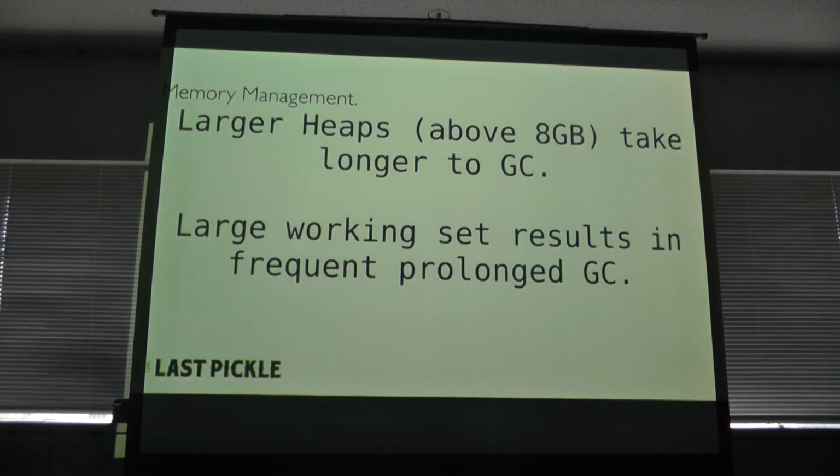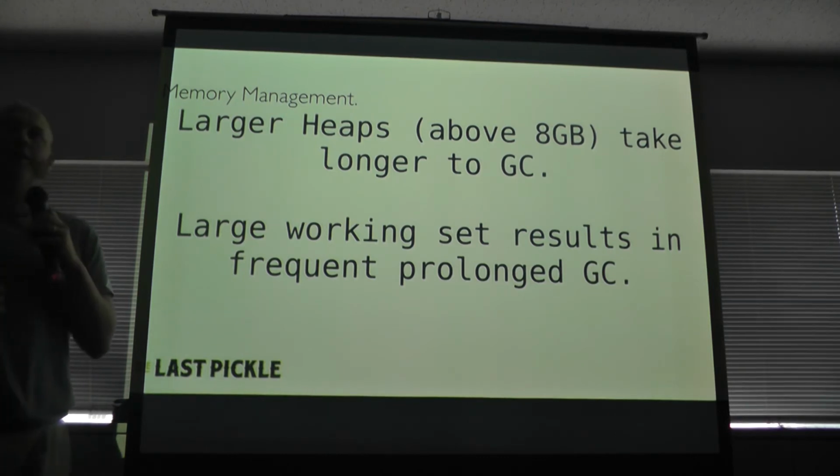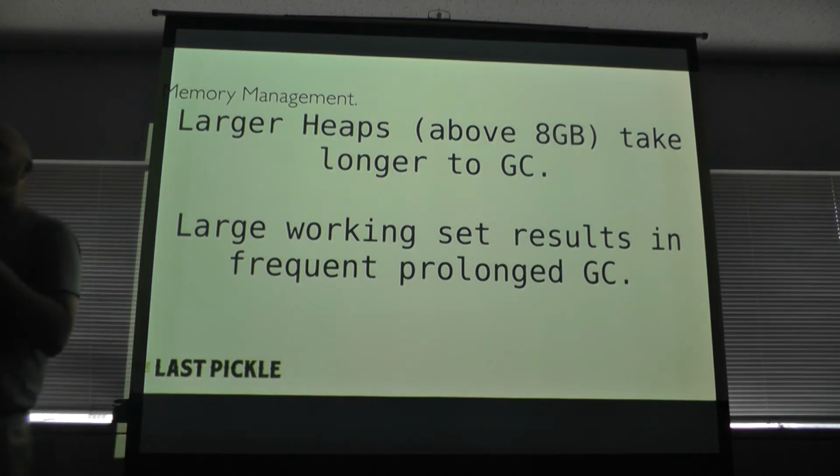So these things are important to understand because the JVM is useful, but as Al was saying, there's no such thing as a free lunch. Larger heap sizes in the JVM, and by larger here we mean above the maximum default of 8 GB, take longer to GC.